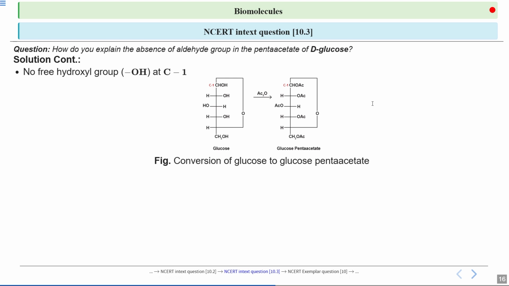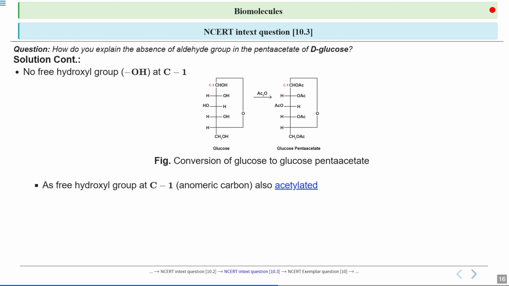There is no free OH group at carbon 1, which is also called the anomeric carbon. So all the hydroxyl groups, including the C1 carbon, have been converted into acetate groups, and no free OH group is present.